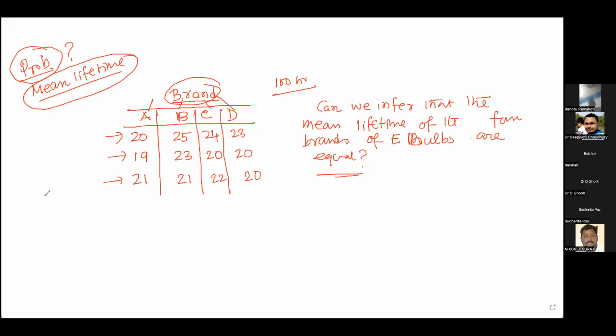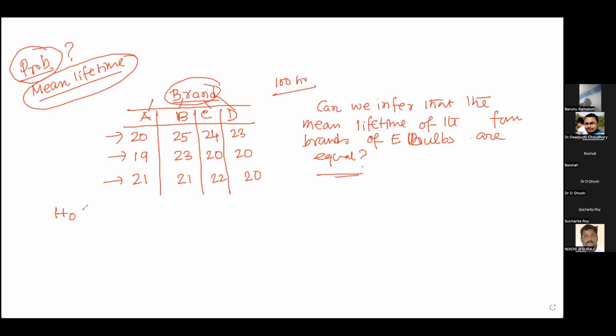Now, for this, our basic step starts. We would like to set the null hypothesis: the mean lifetime of the 4 brands of electric bulbs are equal.